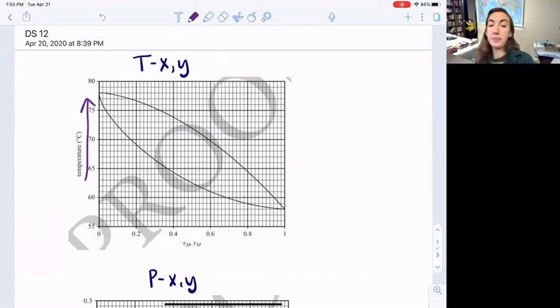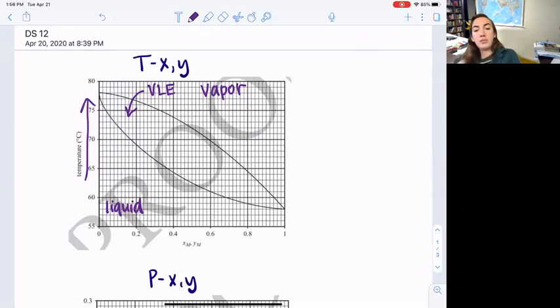So all I do is think about physically, if I'm increasing temperature, am I more likely to go from liquid to vapor or vapor to liquid? And I hope your intuition is there that with increasing temperature, we're favoring vapor. So that means this region up here is vapor. And at the lowest temperatures, we're going to have liquid. So this region down here is liquid. And then this region in the middle is vapor-liquid equilibrium, which we write VLE.